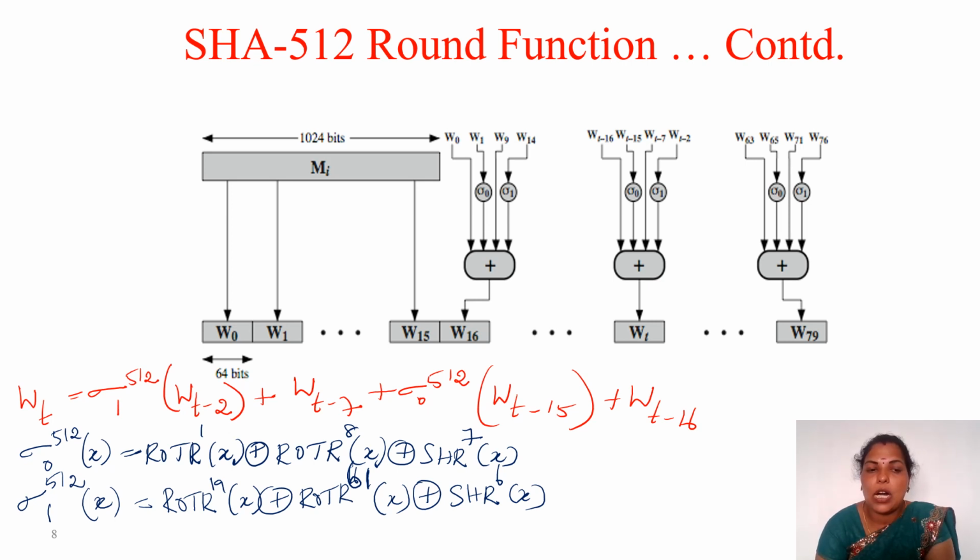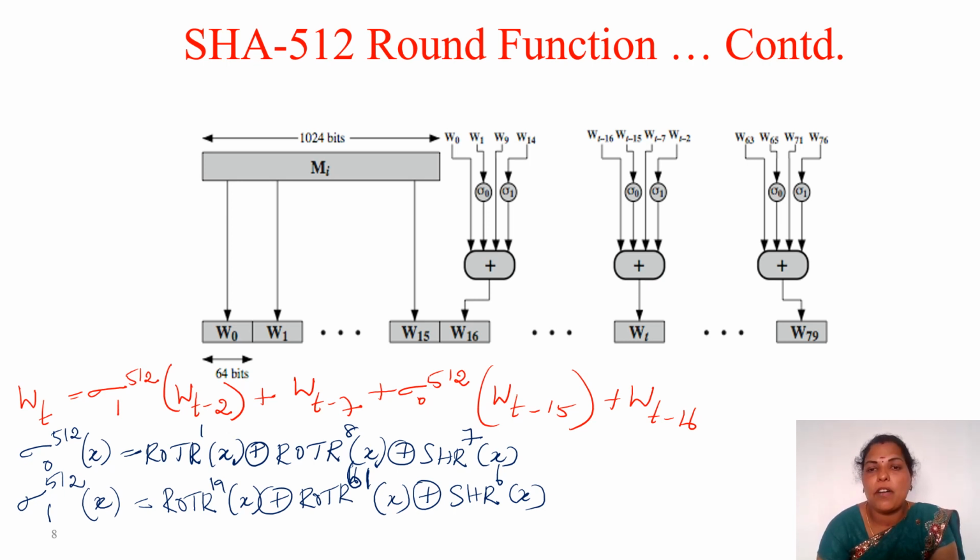So what are sigma naught and sigma 1? Sigma naught of 512 of x equals rotate right 1 of x XOR rotate right 8 of x XOR shift right 7 of x. Then sigma 1 of 512 is rotate right 19 of x XOR rotate right 61 of x XOR shift right 6 of x.